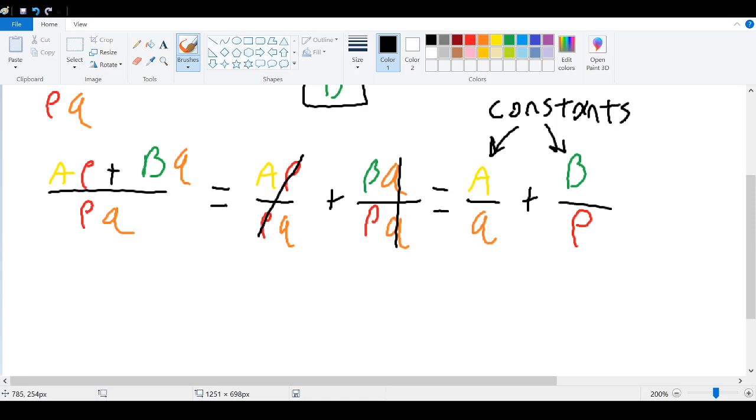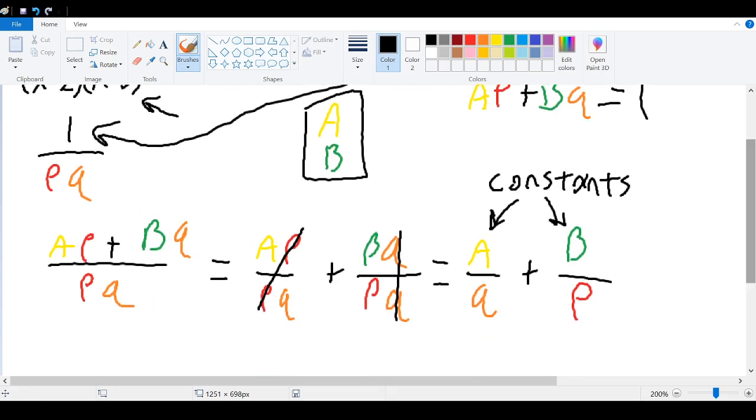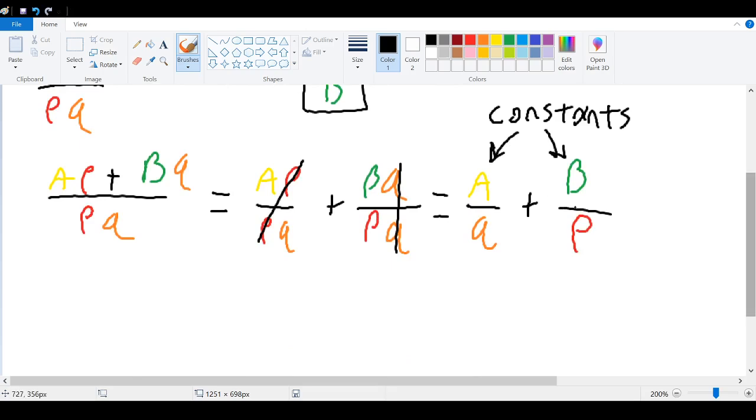All right? And now this is exactly what I wanted to prove, right? Here I have some constants over our factors is equal to the original thing. So if I rewrite everything out, what I get is we have 1 over PQ, which are factors of some quadratic.